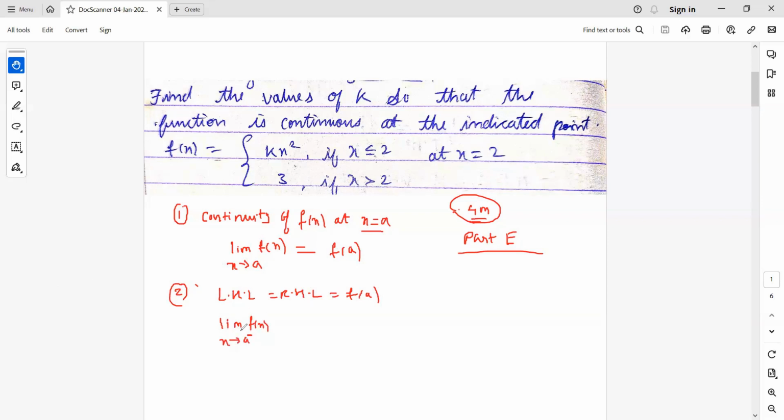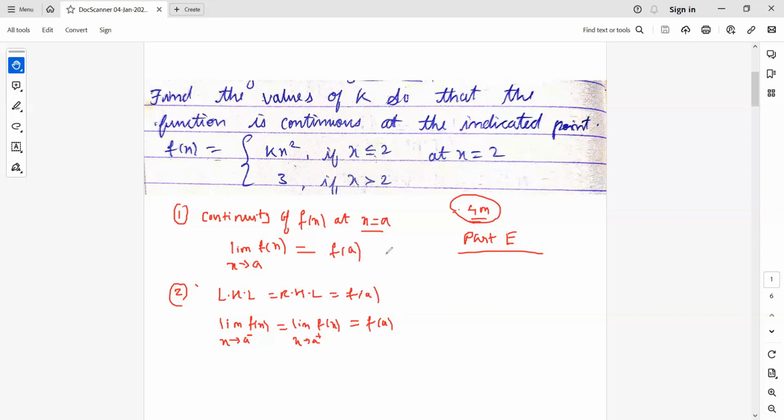For LHL you need to use the negative sign. For RHL you need to make use of a positive sign, so it will be x tends to a plus. And this must be equal to f of a. So here 2 definitions are given.